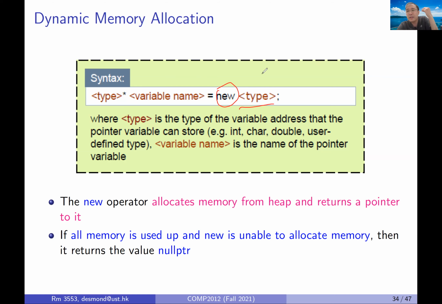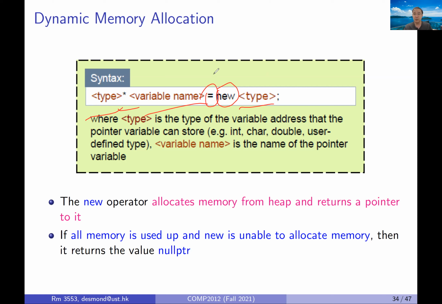Then what new does is get the memory for you and return the address of that piece of memory to you. Then there is only one thing you could use to keep the address. What is it? Pointer, of course. That's why you put an asterisk in the middle, with a type on the left-hand side and a name on the right-hand side, to define a pointer and keep the address.